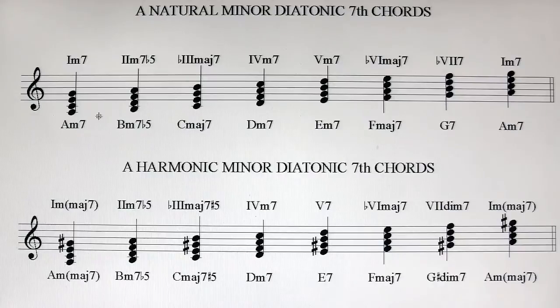Now, what you have to know about the key of A major is that it's got 3 sharps. F is sharp, G is sharp, and so is C. So F, C and G are sharp in the key of A major.